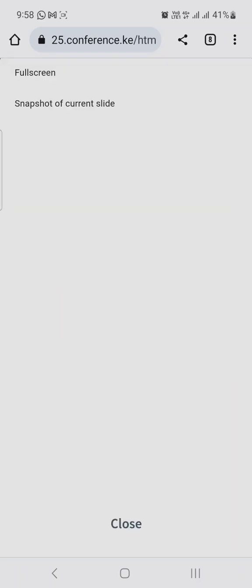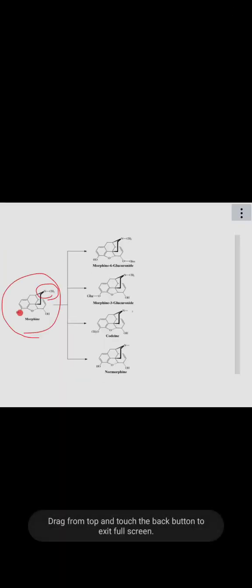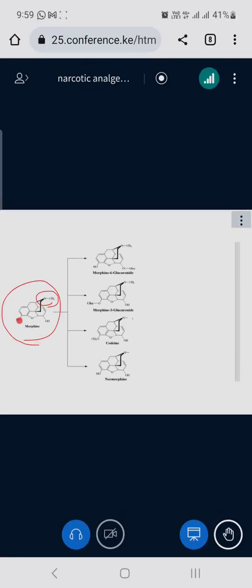We have this group here, the hydroxyl group. We know again you can undergo methylation, so that you can get a methoxy group at that position. Again, this group here can also undergo glucuronidation, such that you can get a glucuronide molecule at that position and also at that position.